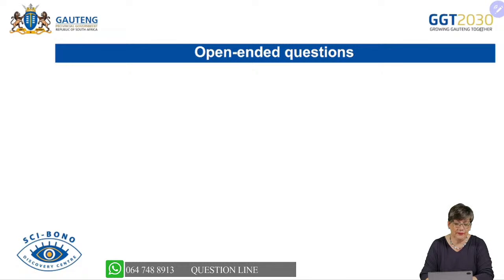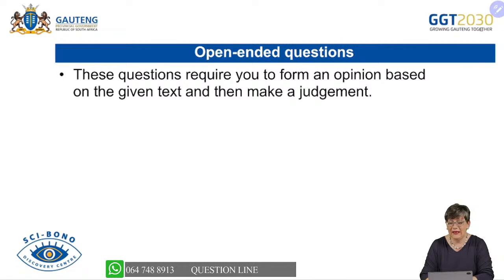Right at the bottom, in a deep blue sea, is the bottom part of your iceberg. And this is where the open-ended answers come into play. In this case, you're required to form an opinion based on the text and evaluate or give a judgment.